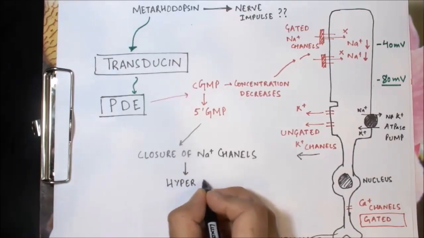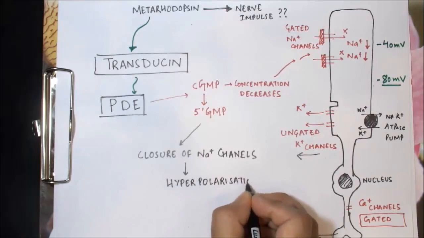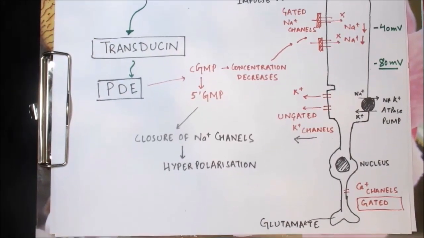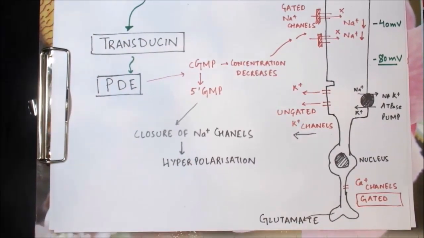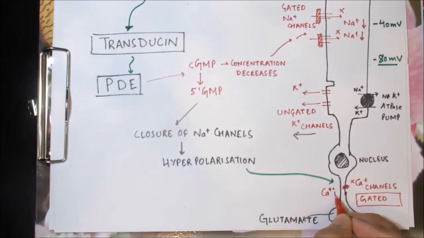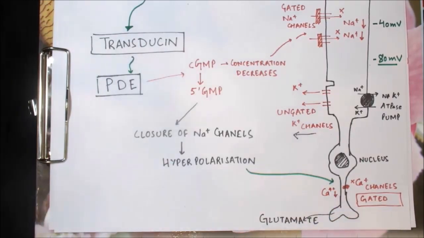Because of hyperpolarization the calcium channels get blocked, and because of this the release of glutamate is stopped, and this leads to generation of a nerve impulse by stimulation of bipolar cells.